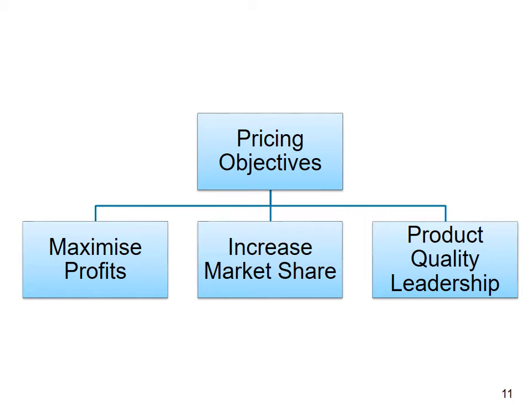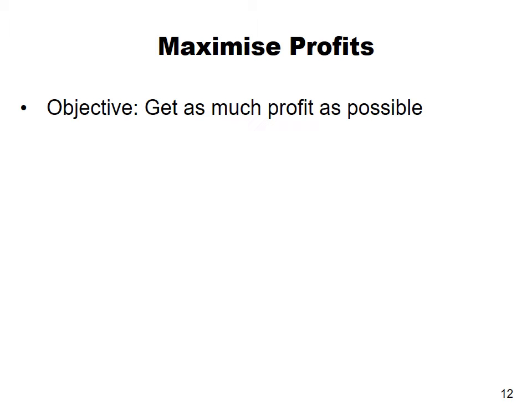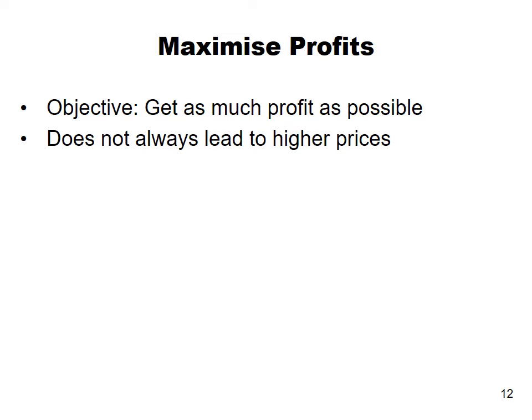Price objectives. There are three areas we're looking at. First one is maximizing profits, followed by increased market share and product quality leadership. Maximize profit. The objective is to get as much profit as possible. It does not always lead to higher price.